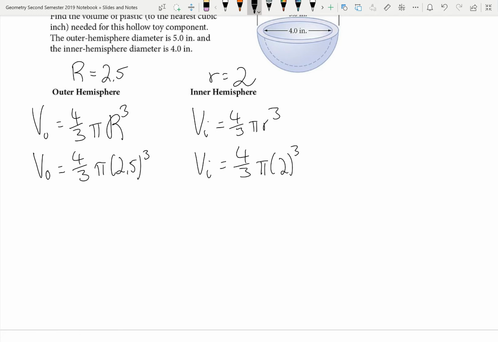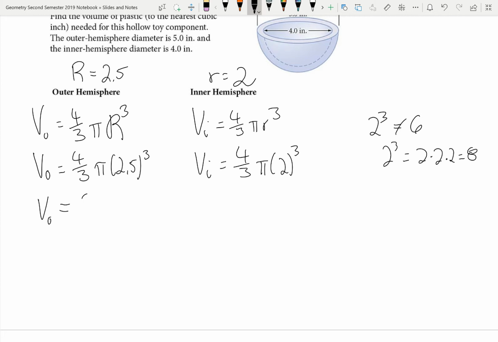Okay, and again, 2 cubed is not equal to 6, because 2 cubed is 2 times 2 times 2, which is 8. It's not 2 times 3. So when we do the calculations, we'll get that the volume is equal to 2/3. Oh, it's 2/3.